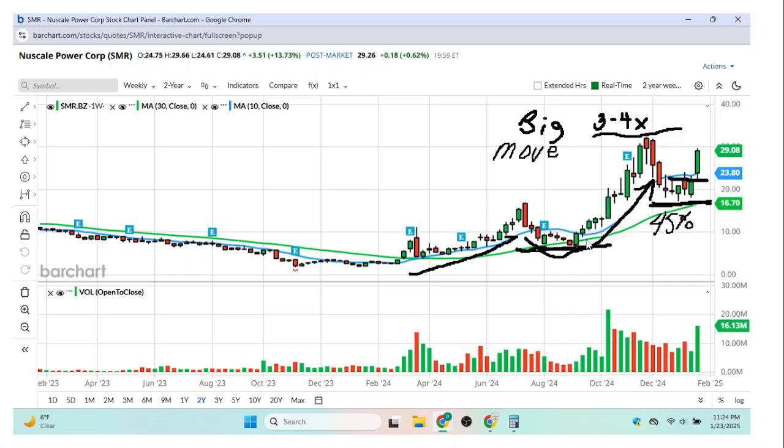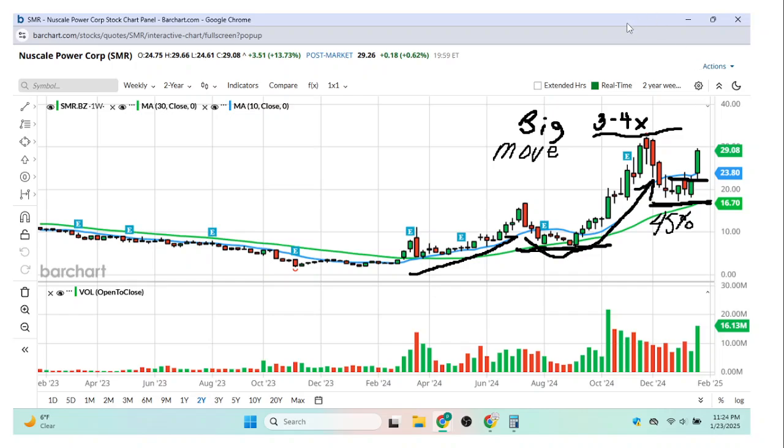If this was 100% from this line to this line, I let it retrace against me about 45% on a weekly chart. That makes sense. So it's starting to maybe turn around here at this 40, 50% area. That's good. That means people took profits and came back down. Now we're starting to see some renewed enthusiasm for buying this stock.